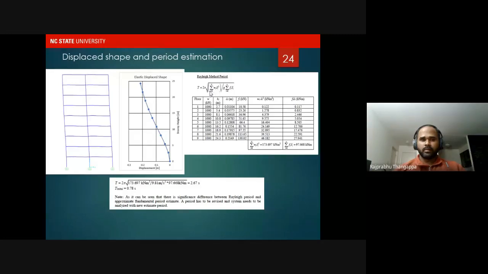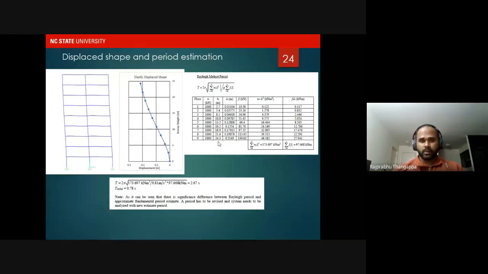And as you go through this process, this is almost similar to calculating the lateral forces. So you have these parameters defined here, and basically the story weighs 1,000 because we are just analyzing for one 2D frame, unlike the entire structure.